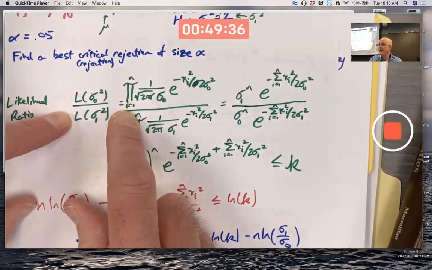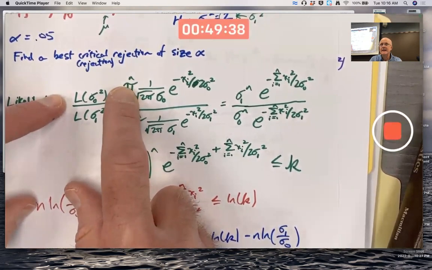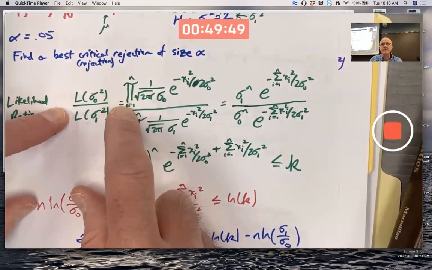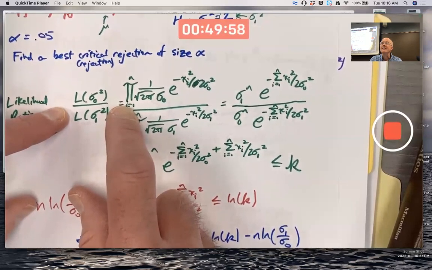At least for a discrete random variable, that would mean the probability of sigma squared equaling sigma 0 squared is a lot smaller than the probability of sigma squared equaling sigma 1 squared. If we were talking about a discrete random variable, which we're not, though, right?